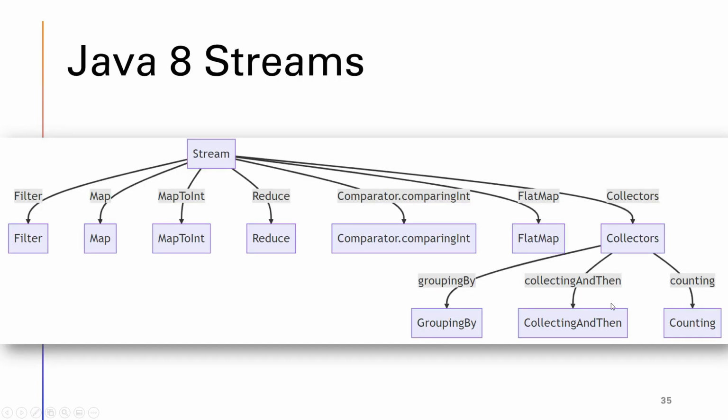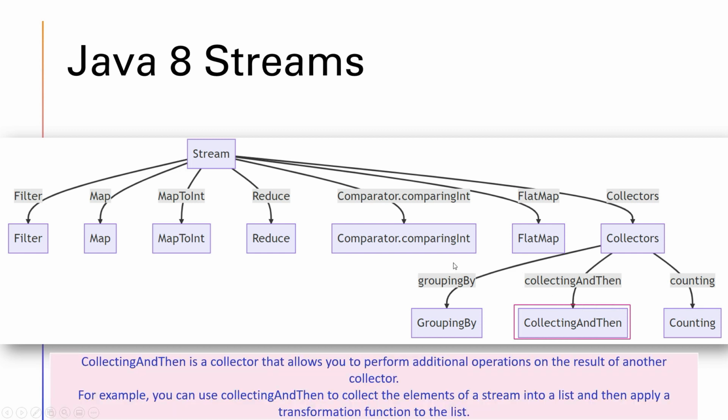And the other one is collectingAndThen. CollectingAndThen is used if you want to perform some additional operations on top of the result. In the sense, you have received your stream, and on top of the stream you have to do a couple of other things.